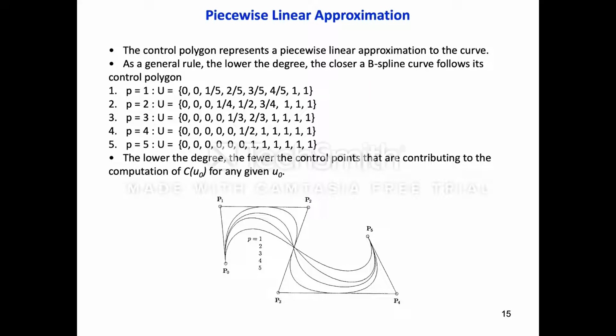If you look at the image, the control points are P0, P1, P2, P3, P4 and P5, and there are multiple curves. So a curve with degree p would be away from its control points, which is this one with degree 5. And the curve with degree 1 is the control polygon itself.